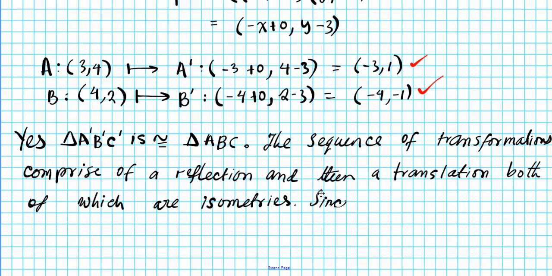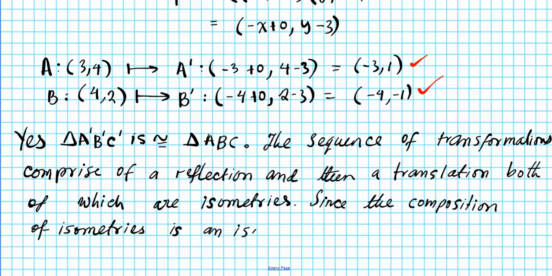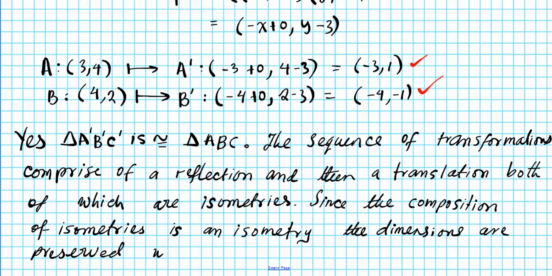Okay, so since the composition or a sequence of isometries is an isometry because you're not changing the dimensions, the dimensions are preserved under these transformations.